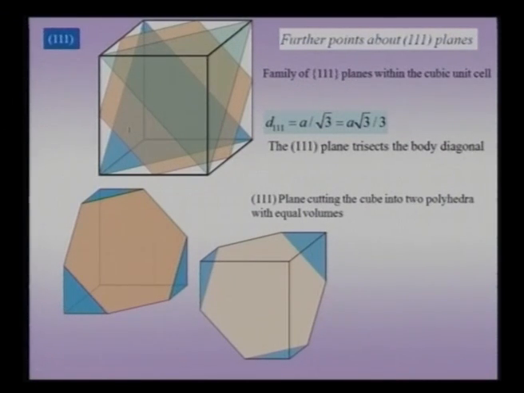It has the same orientation, but I will not consider it when I am considering 111 planes. If I am talking about atoms lying on a 111 plane, I would only consider the blue plane and the green plane to be equivalent and not the orange plane. The blue plane and the green plane together will trisect the body diagonal, as given by the D111 information.